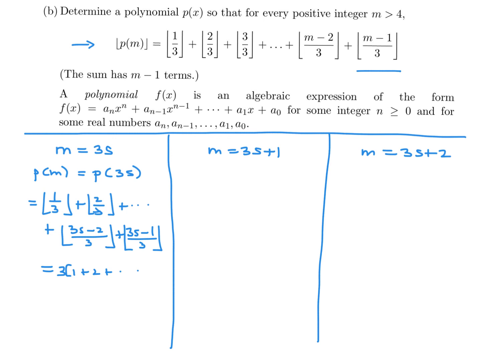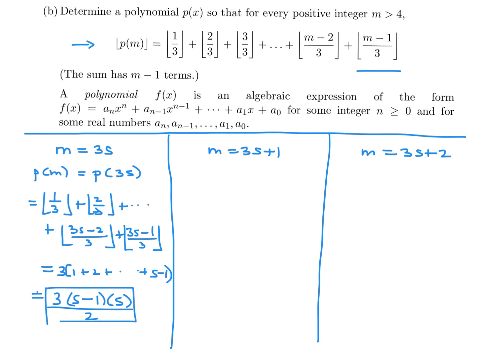Yeah, s minus 1, because let's say s was 10, that last expression would be 3 times 10 minus 1, which is 29. 29 divided by 3 would be 9. So yeah, s minus 1. Then using our formula, this would be 3 times (s minus 1) times (s minus 1 plus 1, which is s), all over 2. Yeah, I think that is it.